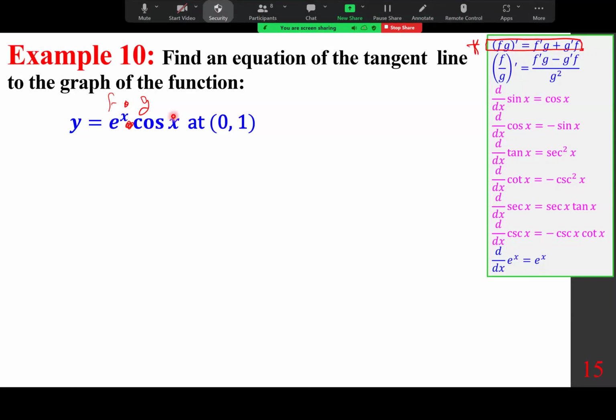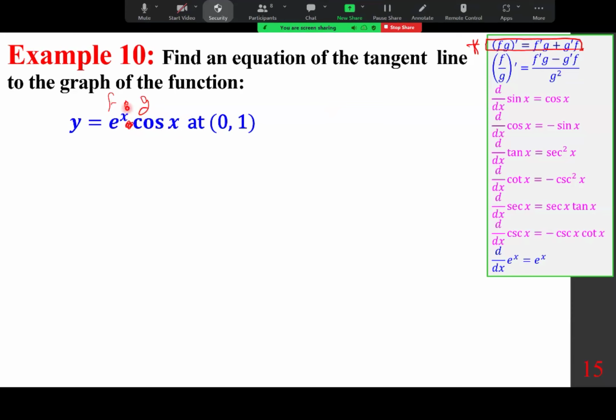So I need f prime, which is e to the power of x itself, times g, cosine x, plus, my apologies, plus g prime, the derivative of cosine, so plus negative sine x times f, e to the power of x.